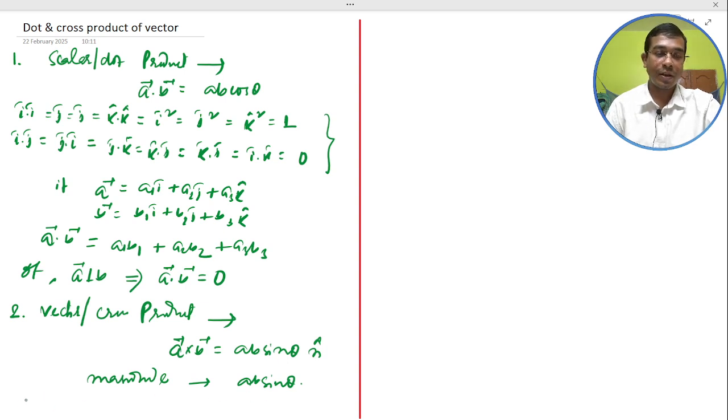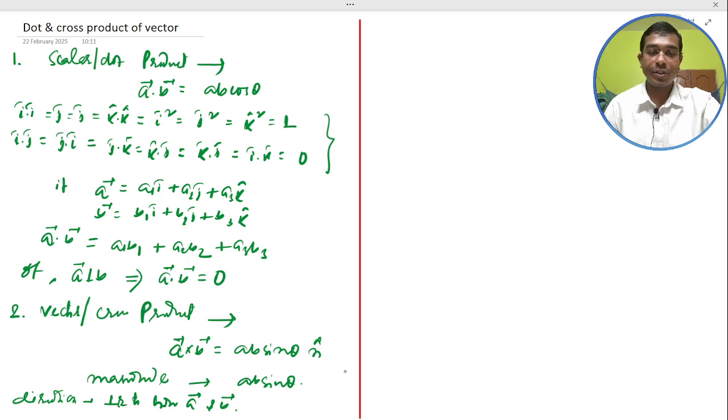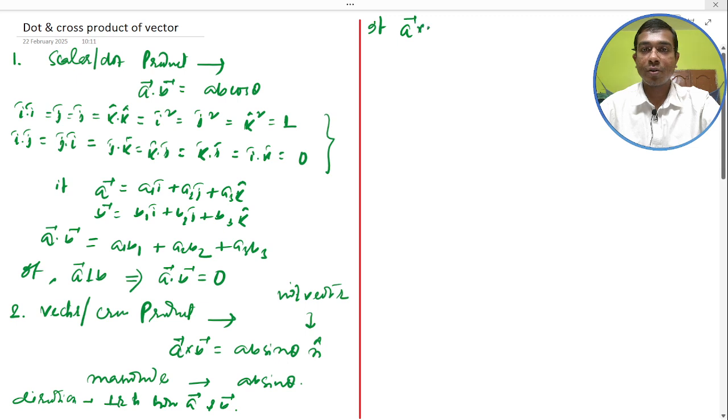So if the condition A cross B is equal to 0, then the two vectors are parallel.